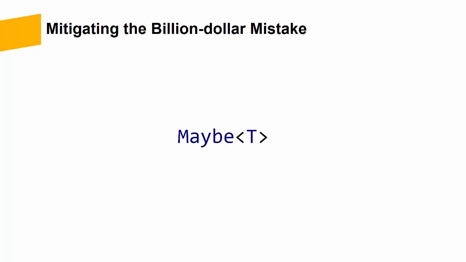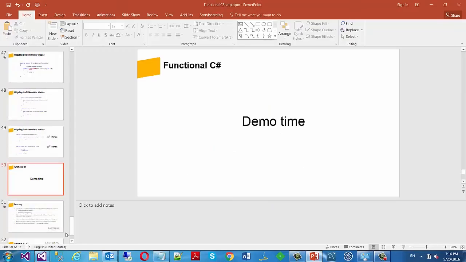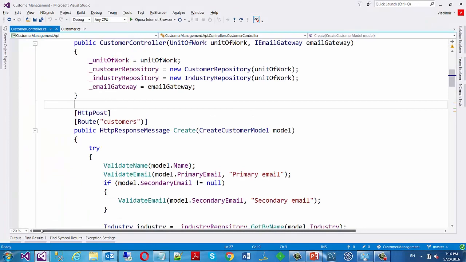All right, let's move on. Oh, it's demo time. So what I want to show you is a simple, not simple, but short example of a code base in a state before refactoring and in the state after that.